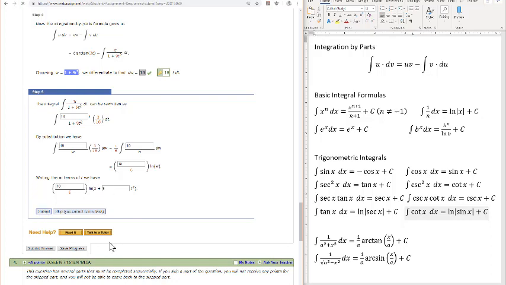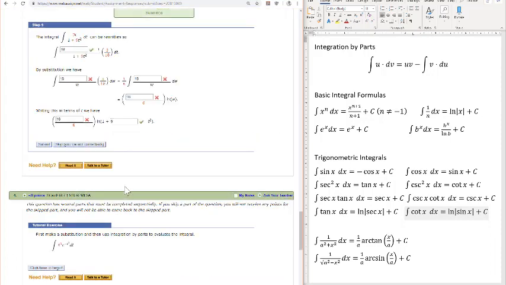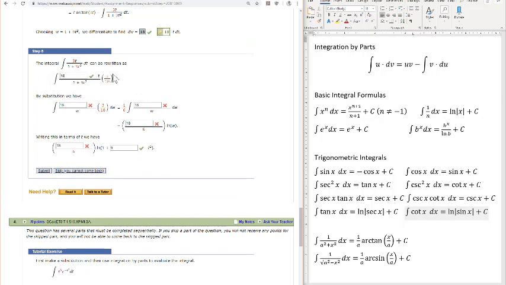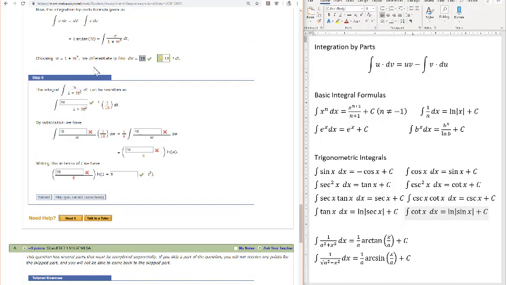Okay, so I hope that 18 was correct, and nope, doesn't look like it was correct. Let's see what happened. So we're doing the substitution, and when we replace the w, this whole thing is w, and then we have a t and then a dt. So they force this 3 over 18 to come out.